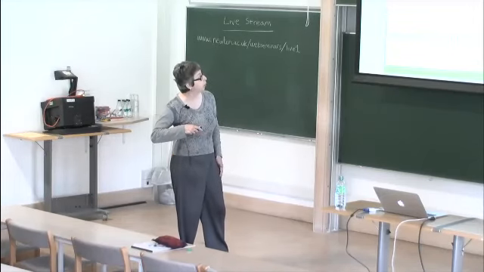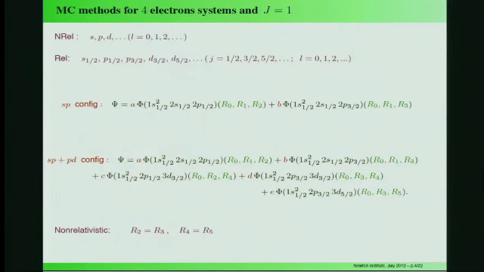So the R2, which corresponds to p1/2, and the R3, which corresponds to p3/2, should be the same. And the radial parts of the orbitals for the d3/2 and d5/2 are the same also. So you insert this here, you just have a non-relativistic model. But if you keep R2 and R3 different and R4 and R5 different, then it's relativistic, because you distinguish these states.